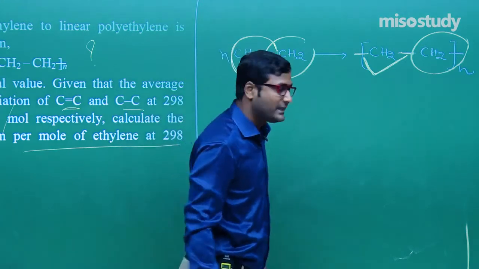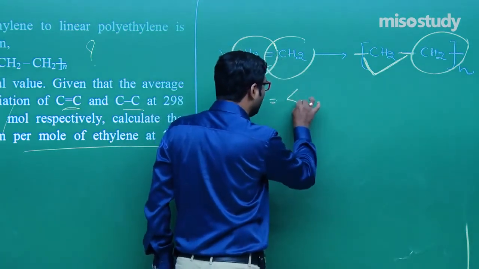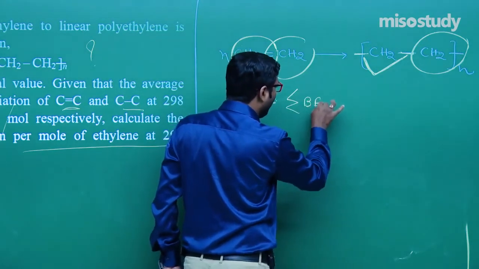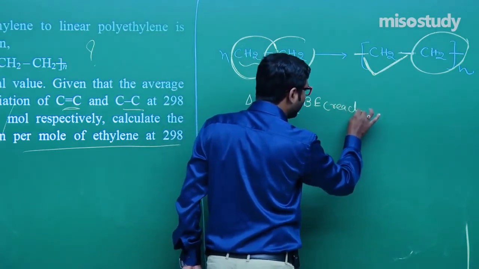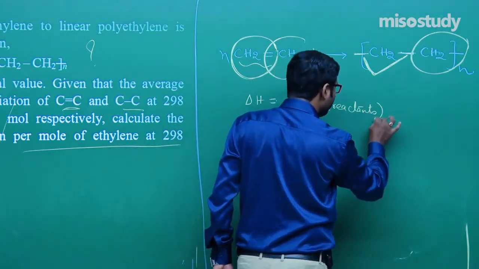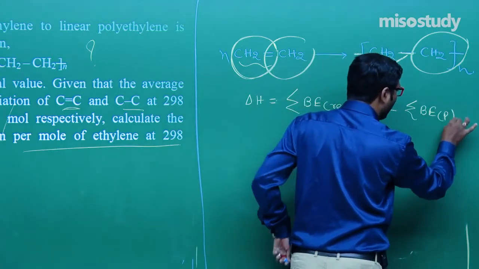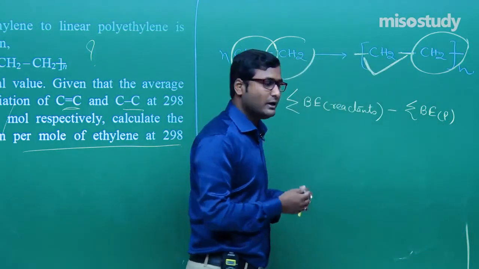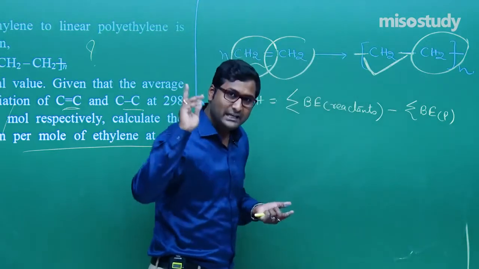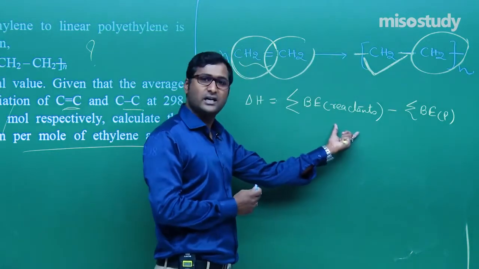Tell me. So delta H is equal to the summation of bond energy of reactants, this is the general formula, minus the summation of bond energy of products. Am I right or wrong? Look, here n mole is given, per mole. So we are considering per mole.